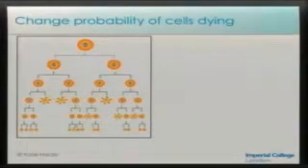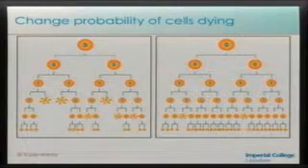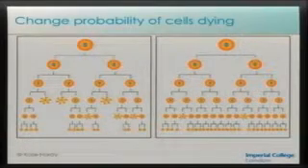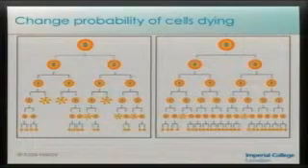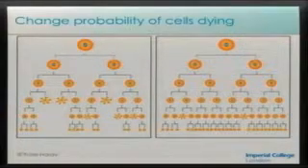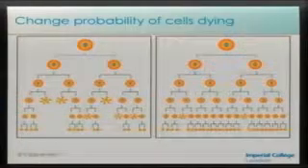You can also change the probability of the cells dying. So you can have a lot of the cells dying here, or you can have very few of them dying, as in this model on the right. So these are all parameters that you can alter in this maths model. So here you've got few cells in this blastocyst and more cells in this blastocyst.